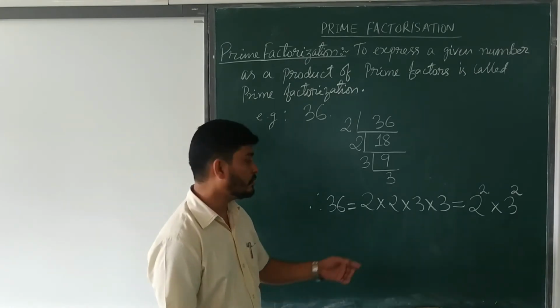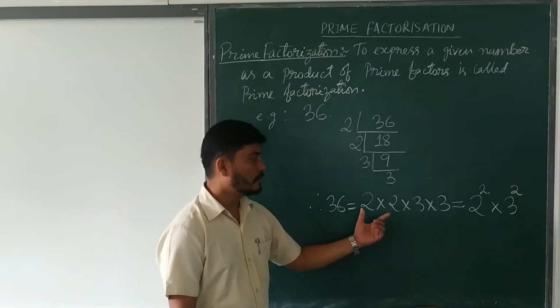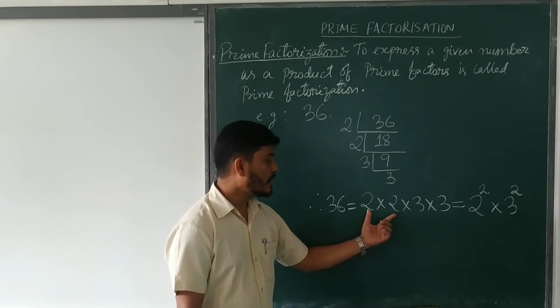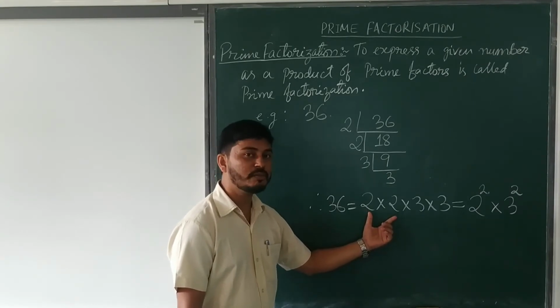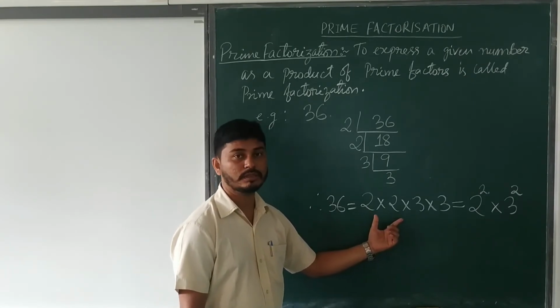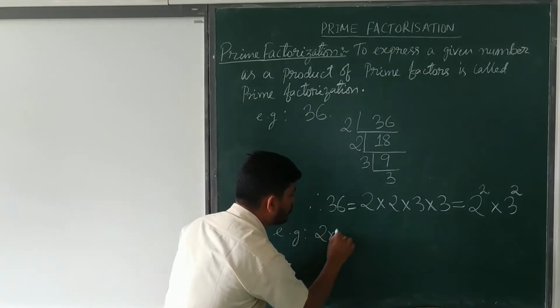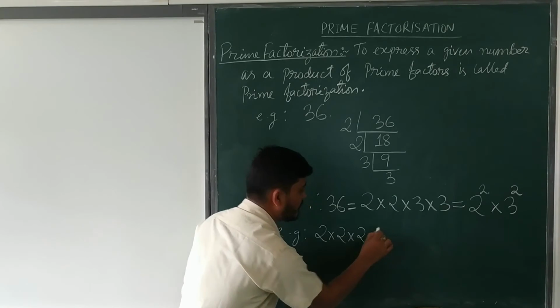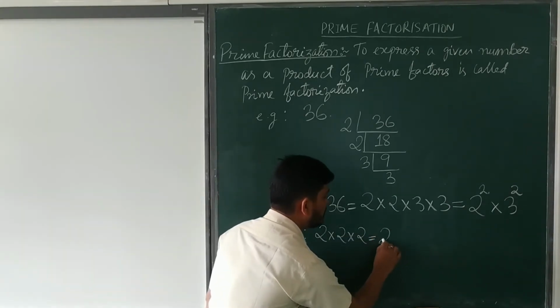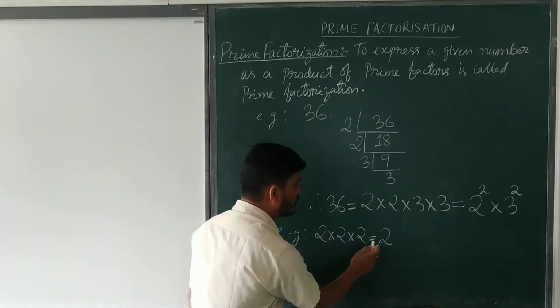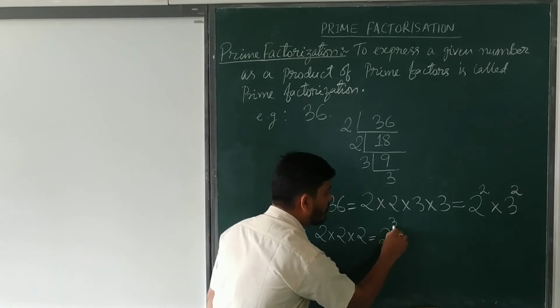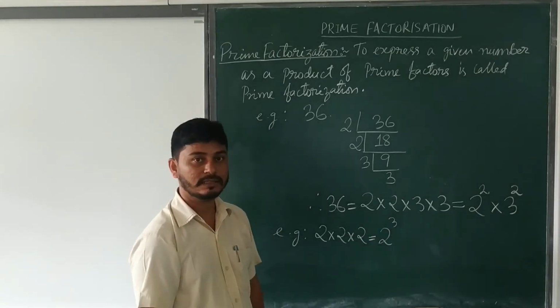Now also, students, what if a particular number is multiplied more than 2 times? Say for example, if the number 2 is multiplying 3 times, then since the number 2 is multiplying 3 times, your power will be 3.